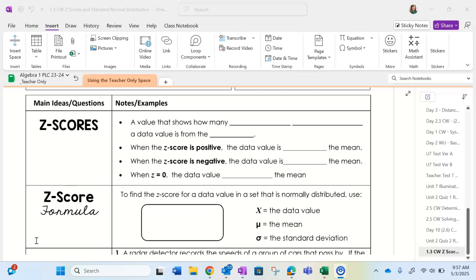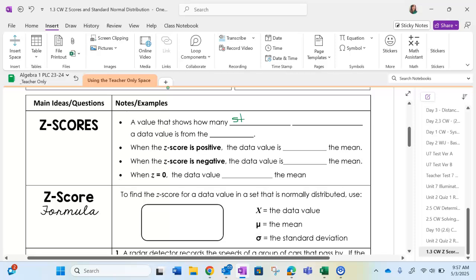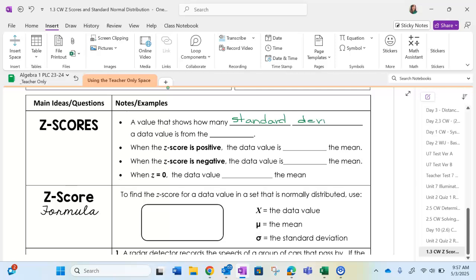All right. Z-scores are values that show how many standard deviations a data value is from the mean. Let me write that word. Now we've been practicing normal probability.